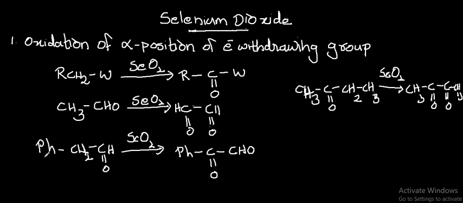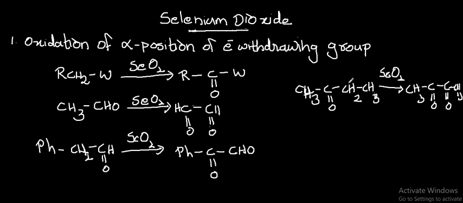Another example, PhCH2CHO. On Riley oxidation, we get PhC=O CHO. Another example, CH3C=O CH2CH3.